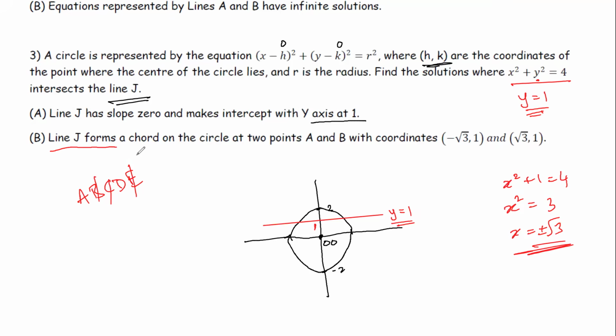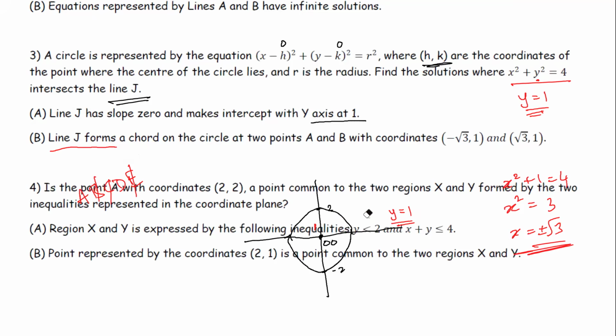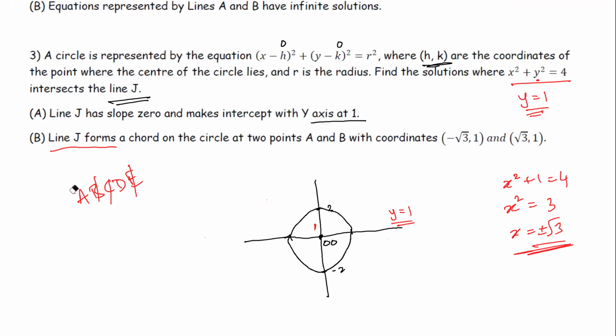Second one, line J forms a chord on the circle at 2 points A and B with coordinates negative root 3, 1. So now let's say we ignore this line.